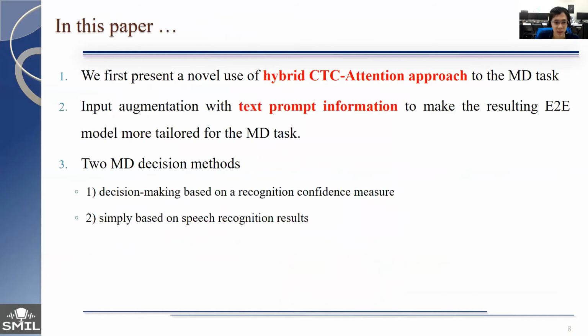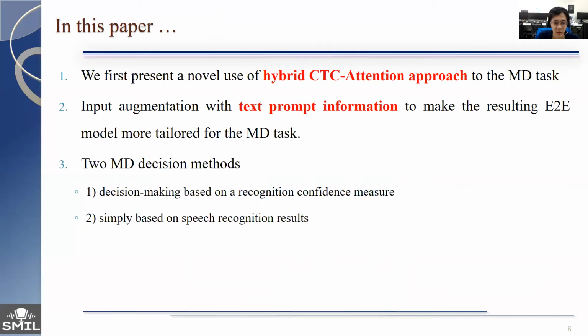There are three main contributions to this paper. We first present a novel use of the hybrid CTC-Attention approach for the MD task, taking advantage of the strengths of both CTC and the attention-based model, meanwhile getting around the need for phone level forced alignment. Second, we perform input augmentation with the test prompt information to make the resulting end-to-end model more tailored for the MD task.